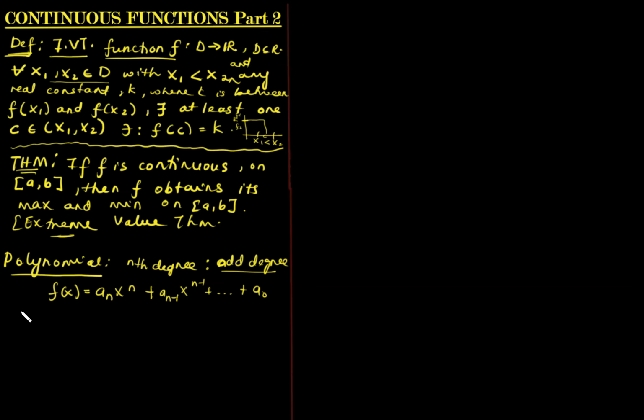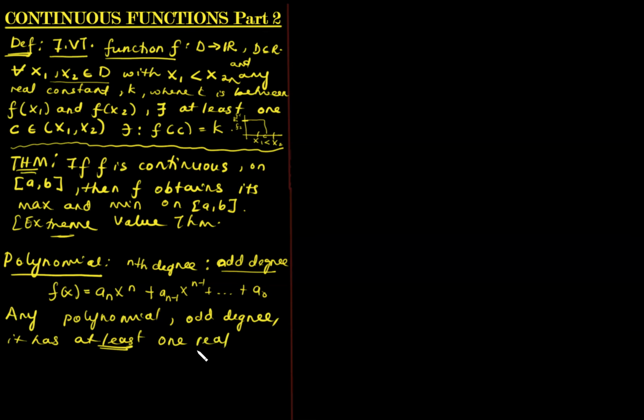Odd degree, so there is a corollary that says any polynomial, so we know how a polynomial looks, and if it has odd degree, then it has at least one real root, so it has to cross the x-axis at least once. That's the key root.